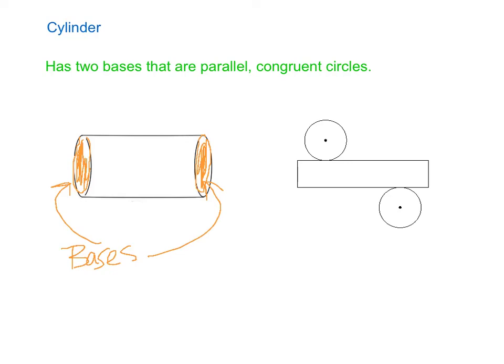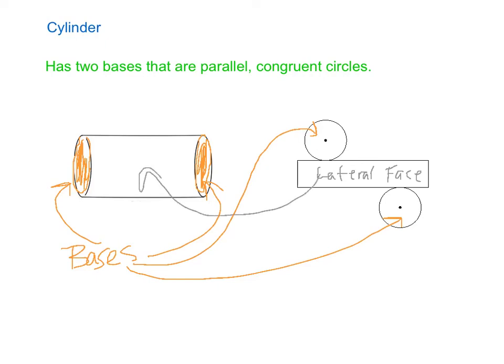In the net drawing, the base is right there, and it's also right there. That means the lateral face is going to be this rectangle there.